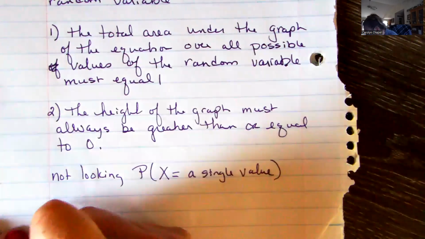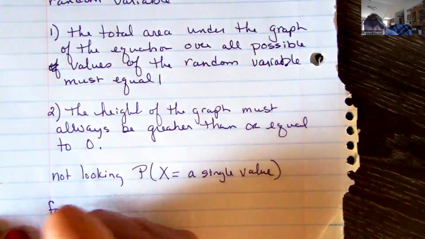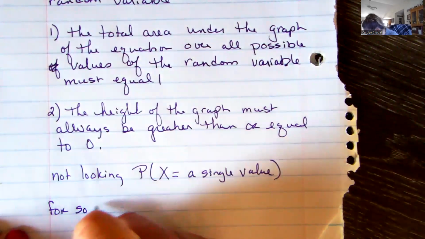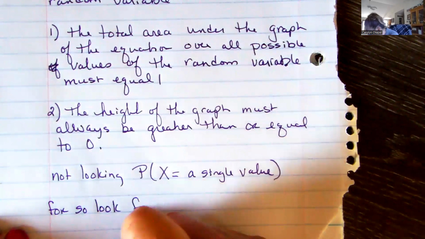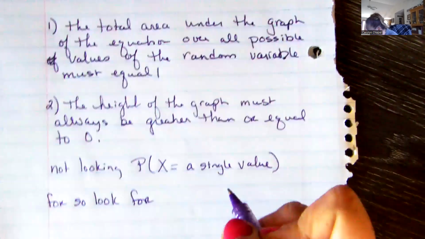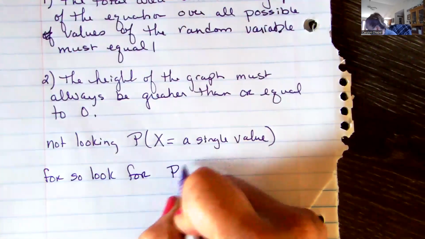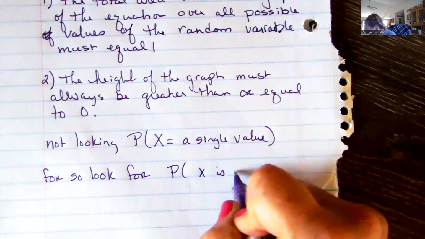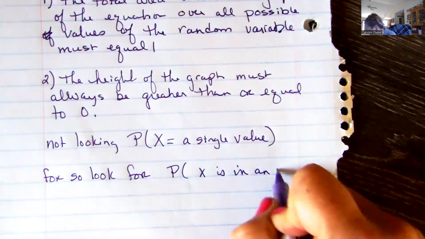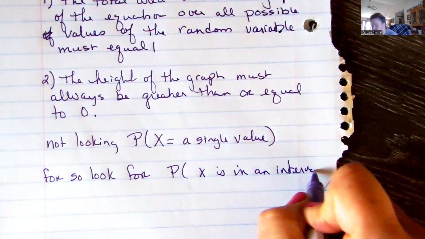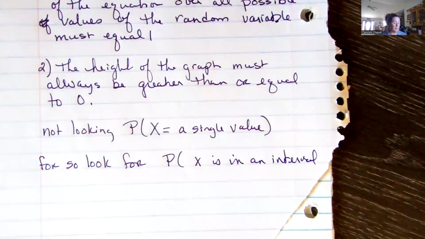So what we will look for in continuous situations is the probability that x is in an interval of some sort: either between two numbers, smaller than some number, or larger than another number.